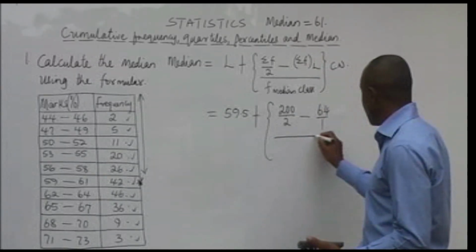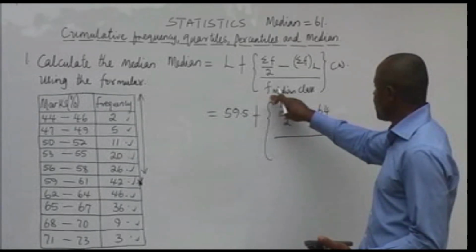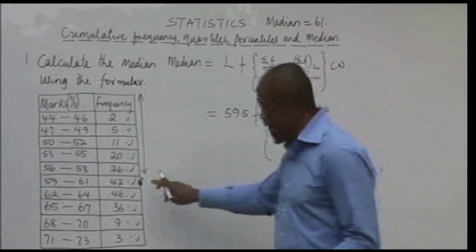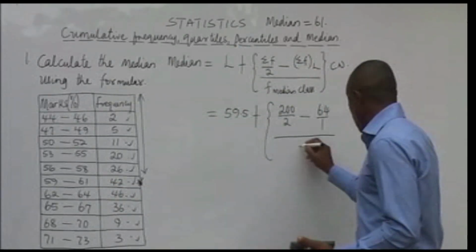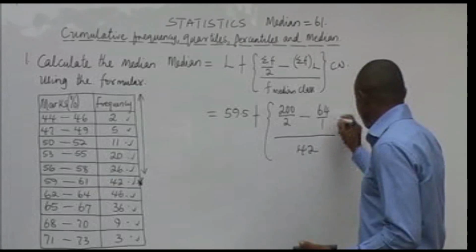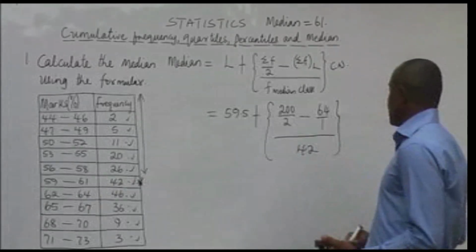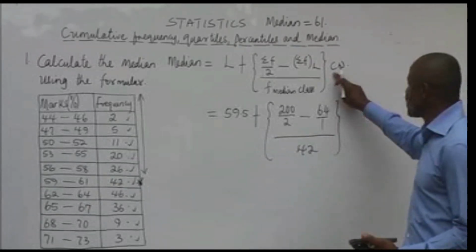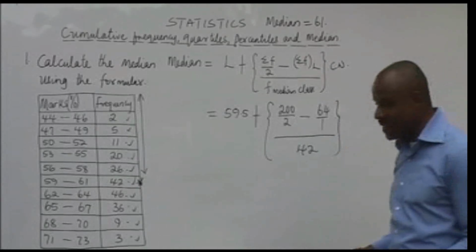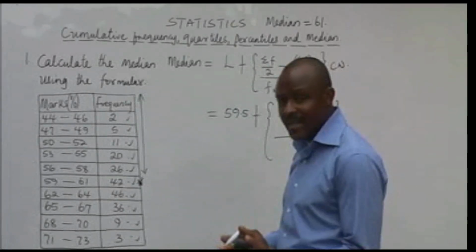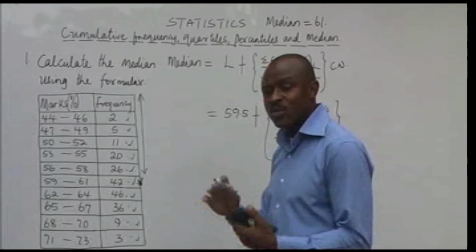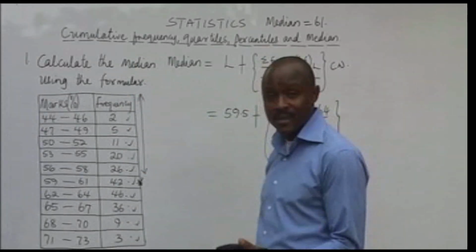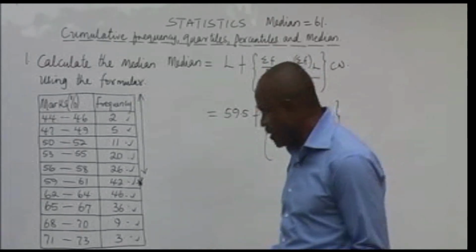All these things divided by the frequency of the median class. The median class is this. The frequency is 42. So we're going to divide everything we have here with 42. Then what is left now is the class width of the median class. The class width of the median class is almost always the class width of any other class. What do we mean by class width?